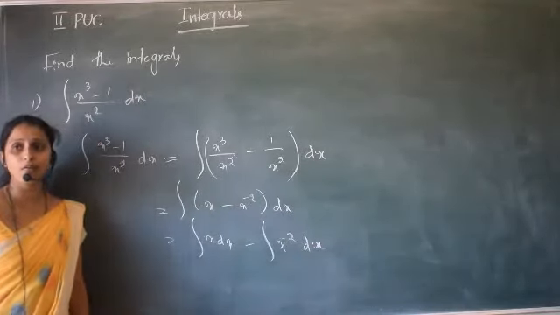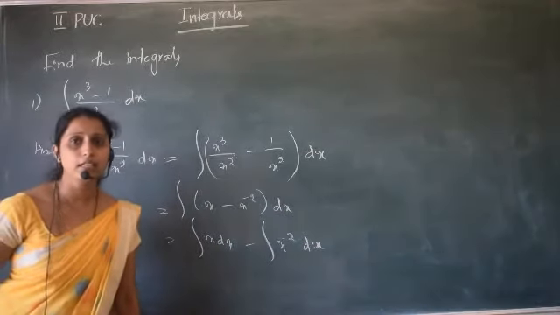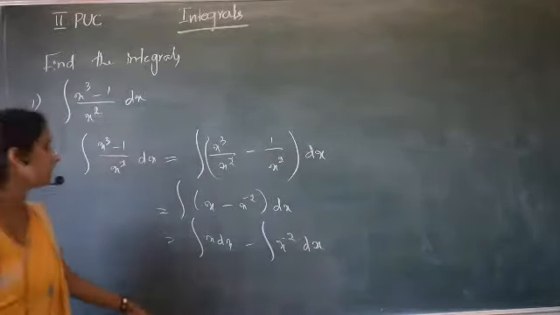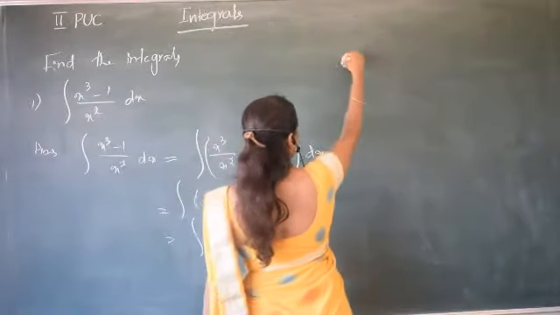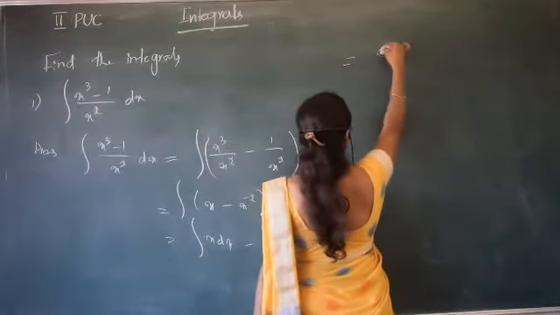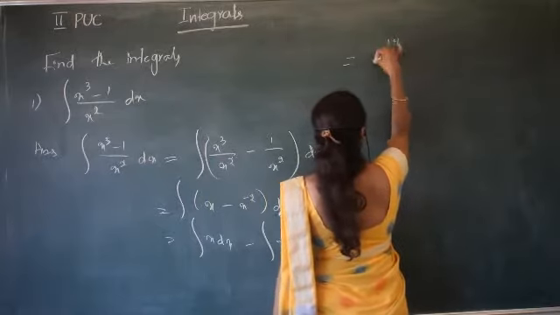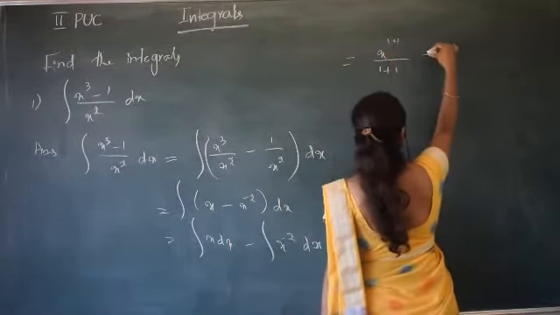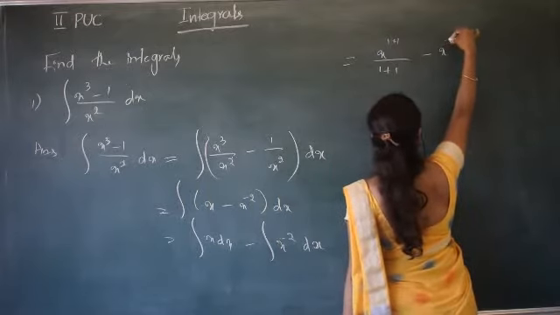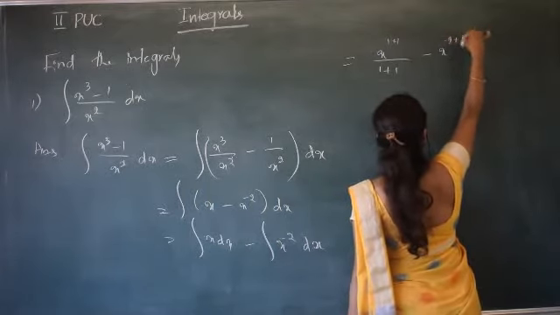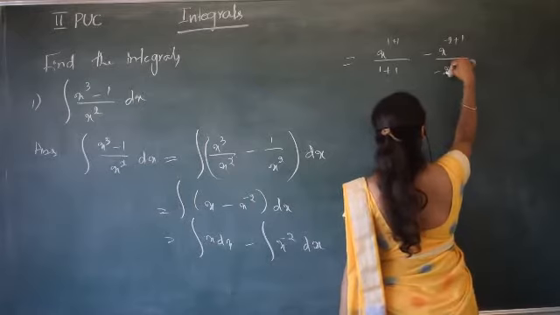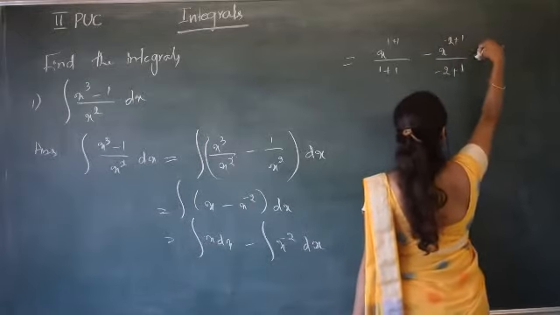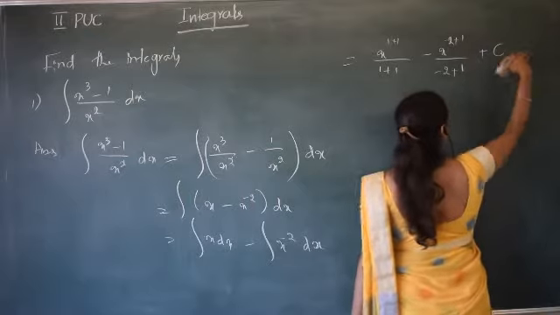Again that is in the form of x to the power n. x to the power n integrates to x to the power n plus 1 divided by n plus 1. So this will be equal to x to the power 1 plus 1 divided by 1 plus 1, minus x to the power minus 2 plus 1 divided by minus 2 plus 1, and plus c.